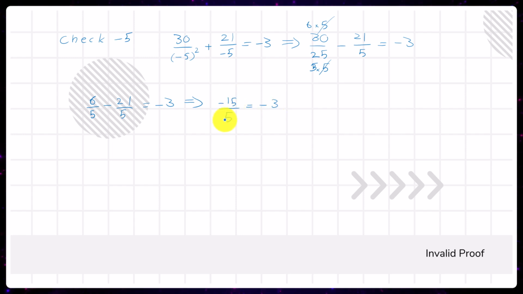Of course, 15 divided by 5 is 3 and we have the minus sign, so -3, and the second answer checks out too. So our solutions for this equation are x = -2 and x = -5.